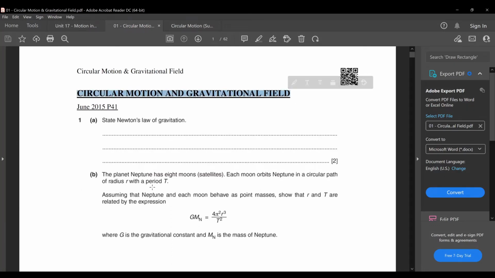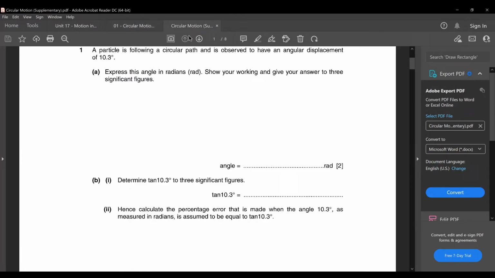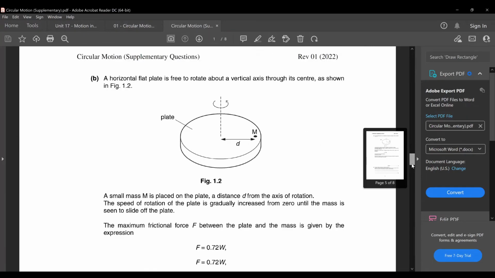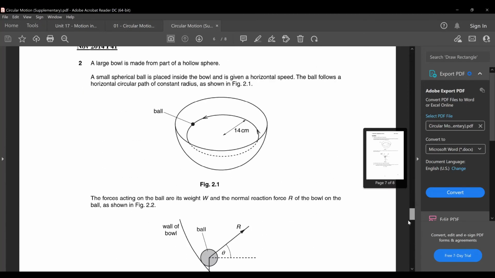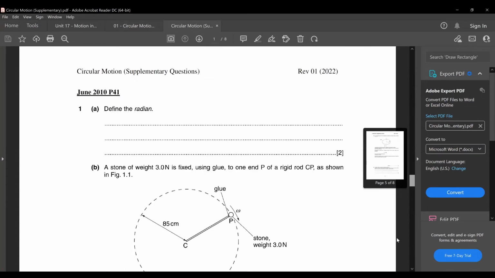But there are some exceptions where there are standalone questions. So this other worksheet, the supplementary questions, is the standalone circular motion questions that have come out over the years from November 2002 until now.